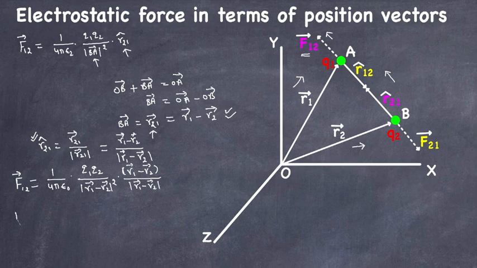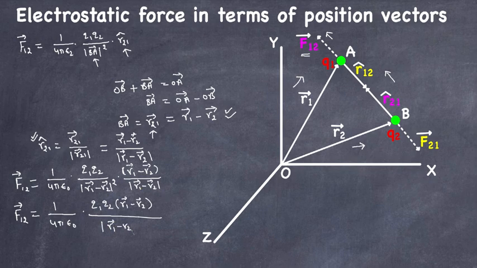So that gives me F12, the force on charge 1 due to charge 2, is going to be equal to 1 over 4 pi epsilon naught Q1 Q2 into R1 minus R2, both are vectors, divided by, so this is a square over here, one more term, so that gives me the magnitude of R1 minus R2 cubed.